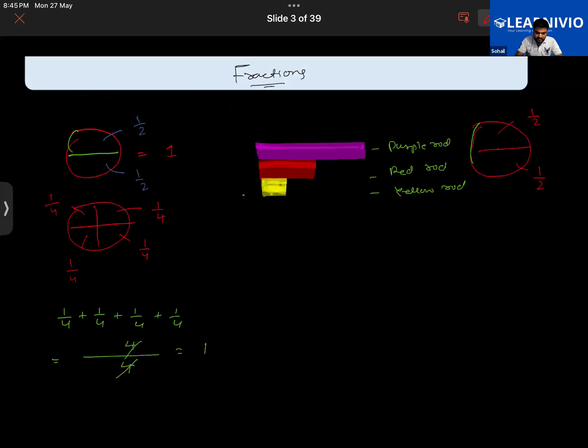Also, there's one more important thing you need to know. Whatever type of fractions we have, like 1 upon 3, 9 upon 11, minus 11 upon 16.